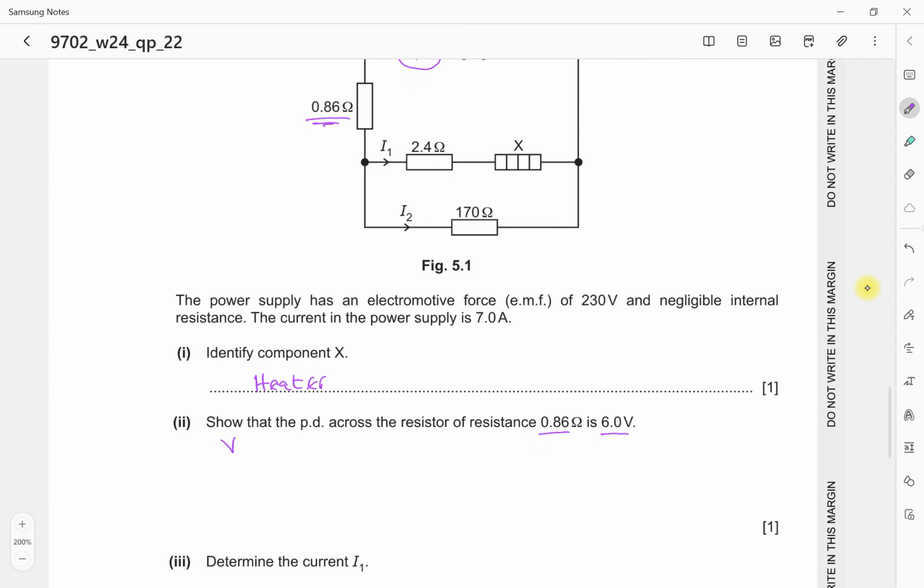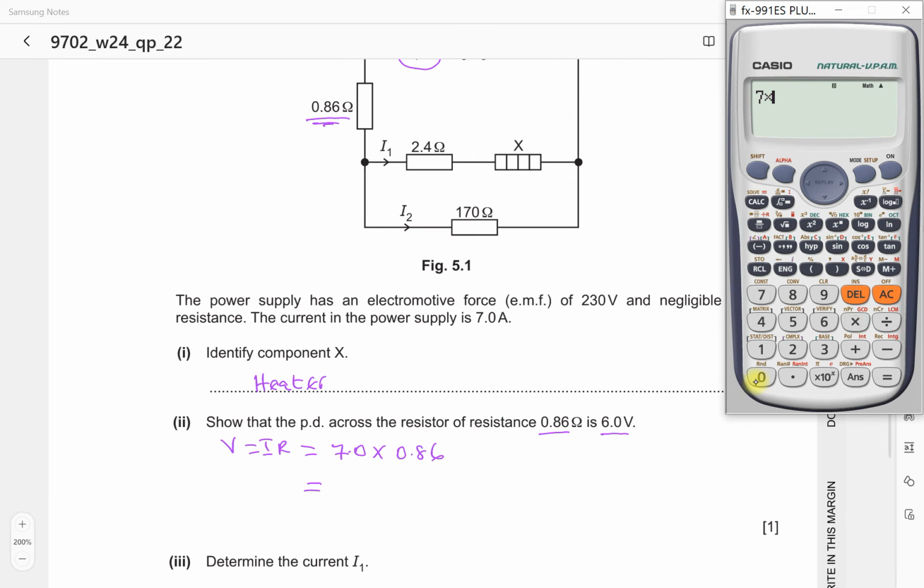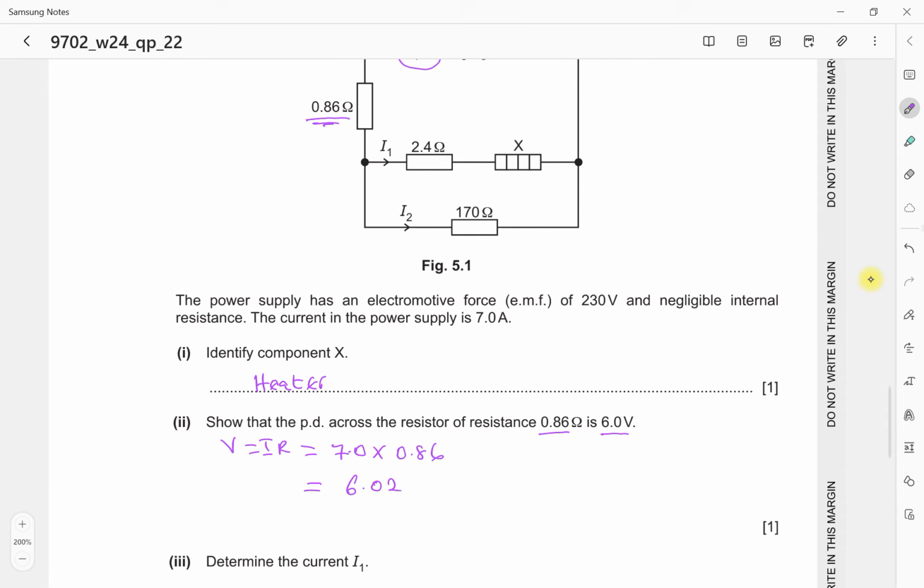The PD is going to be I times R, which is the current, given as 7.0, times R, which is 0.86. So 7 times 0.86 is 6.02, which is approximately 6.0 volts.